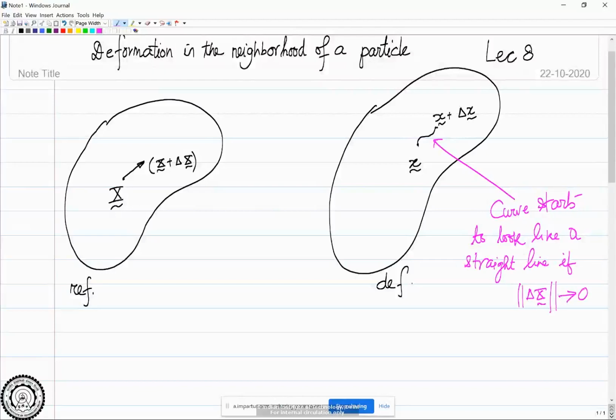Because any curve, you can always approximate as a straight line. But that approximation will be good only if the curve is very, very tiny. And we are looking at very, very tiny material line elements. So therefore, we can replace that curve with a straight line. So our focus is on tiny material line elements.